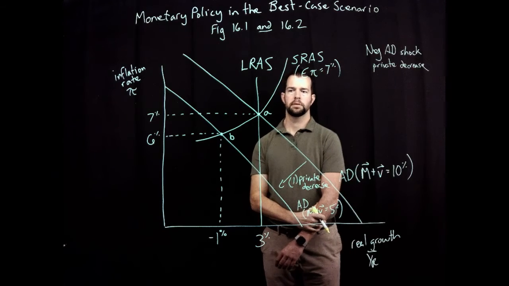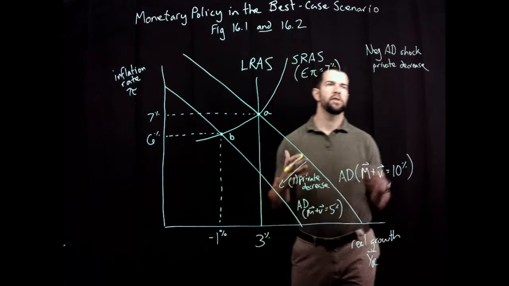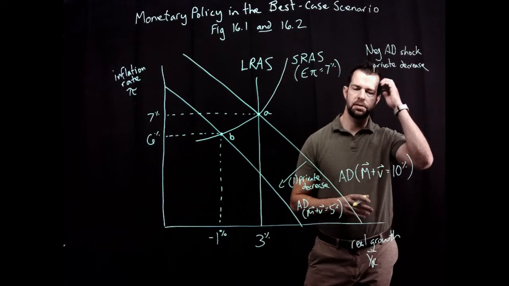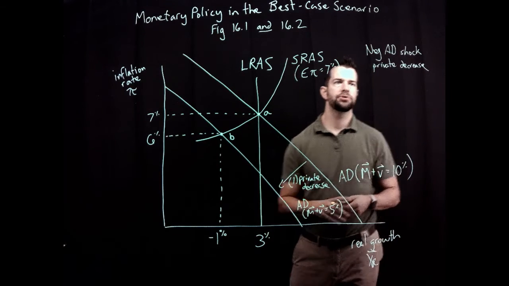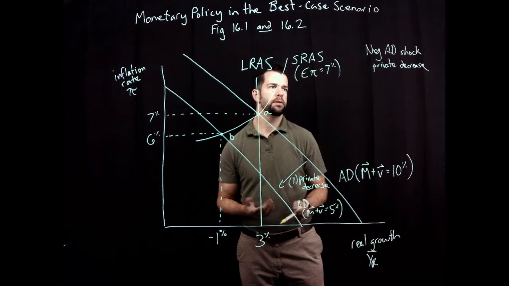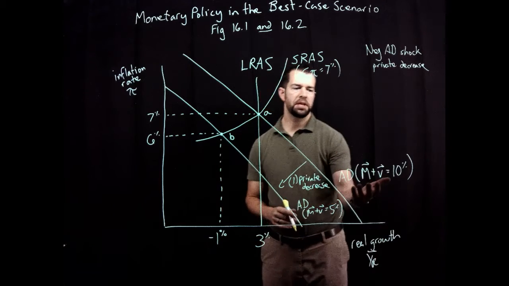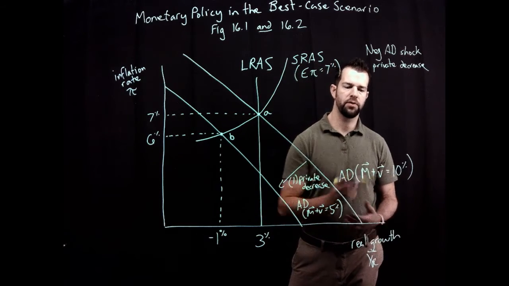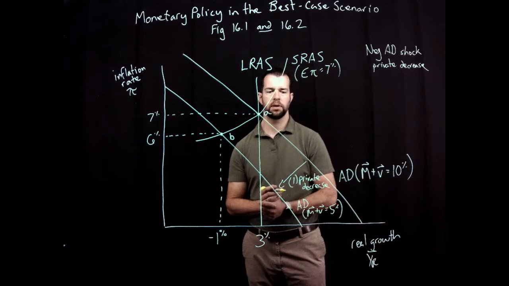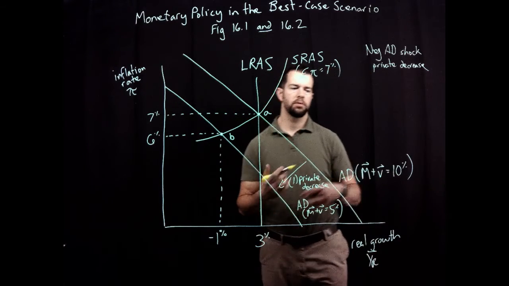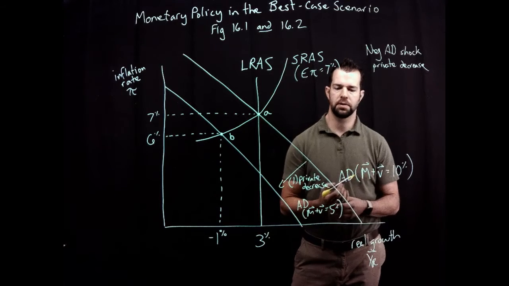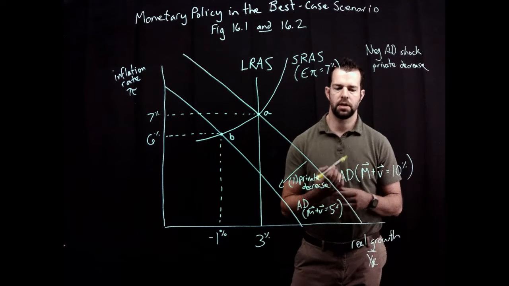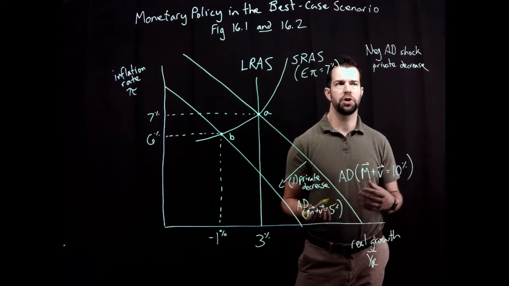So if we have a private decrease, the question is, what should we do? Well, what is decreasing? Well, M, the money supply growth rate, and the velocity growth rate are decreasing. Now, if it's a private decrease, it could be mostly coming from a shock to V.